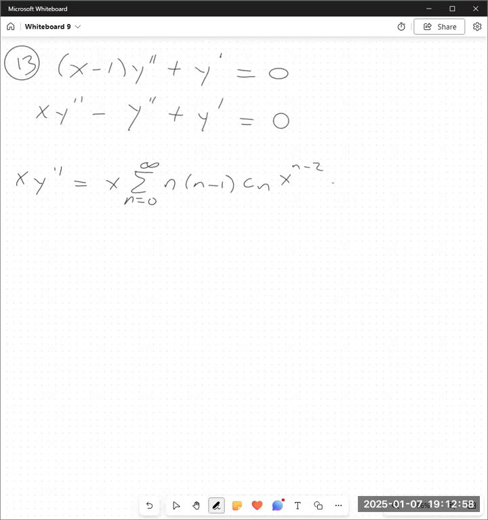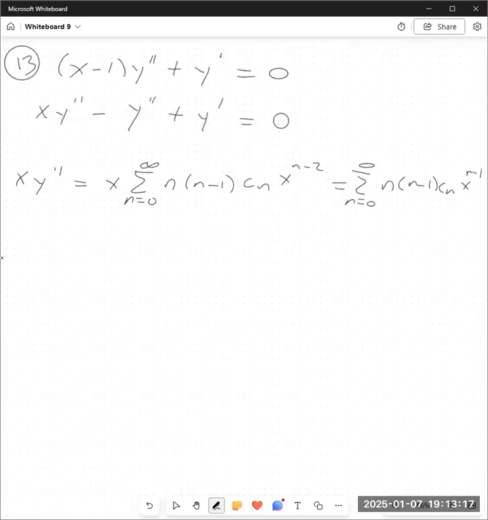So that's going to be the sum from n equals 0 to infinity of n times n minus 1 cn x to the n minus 1. We'll work on that in a minute to see what we need to bring that up to.